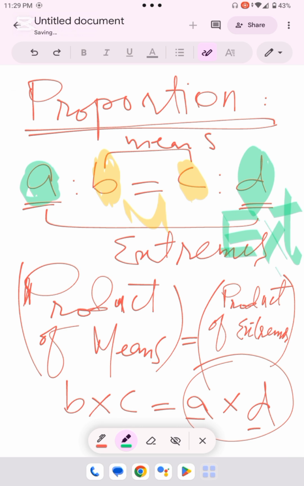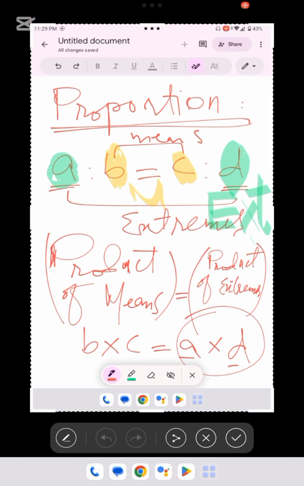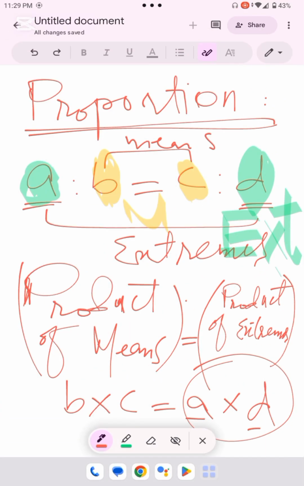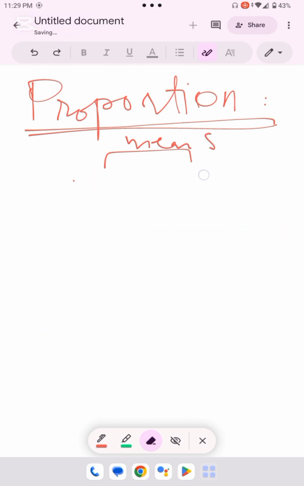Now there is another thing. If you want to get the relation between two things which are not going in the same way, for example, what does it mean? I tell you about it. So as far as the proportion is concerned, there are two types of proportions.